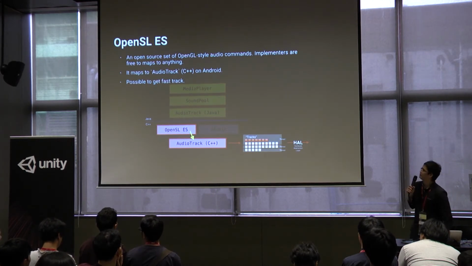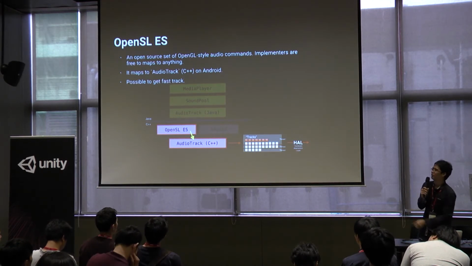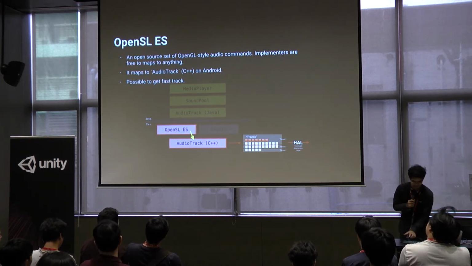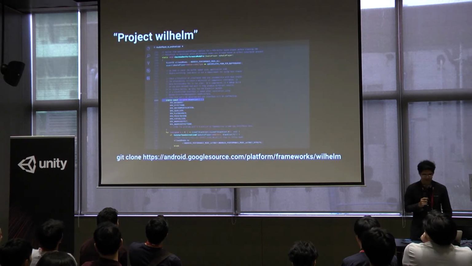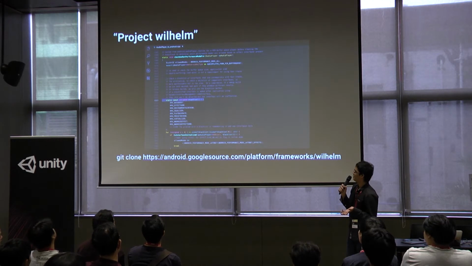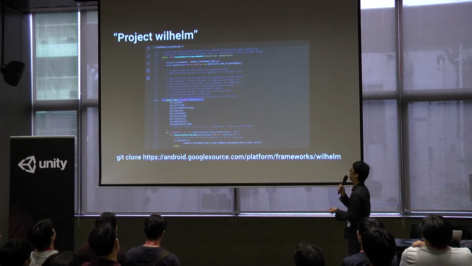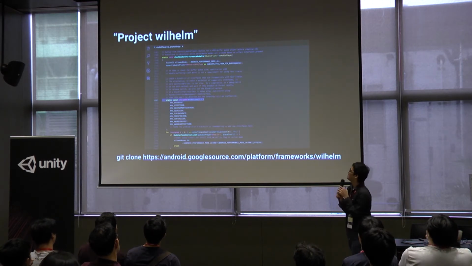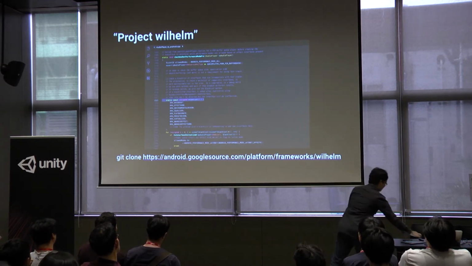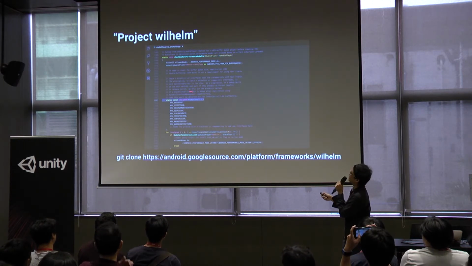Yep, so I have said it. If you use OpenSL, finally it will just go to set up that audio track anyway. The code that translates OpenSL to Android AudioTrack is called ProjectViewAudio, and you can just clone it and look at it. But as an example here, you will see a variable called blacklist.